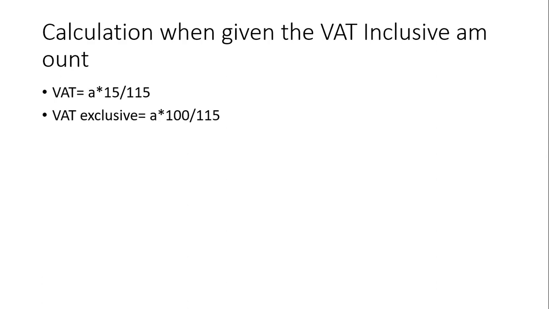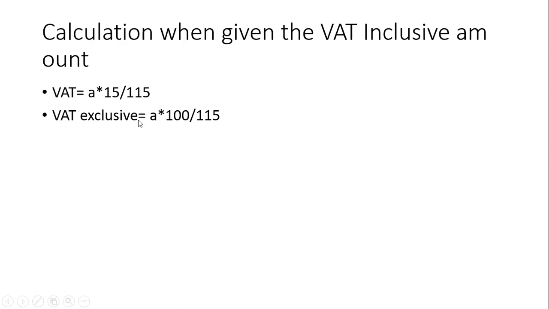You ask yourself, what am I looking for? You're looking for the VAT rate, and then you use 15. And then you ask yourself, what do I have? You are using the VAT inclusive amount. Then you divide by 115, right?